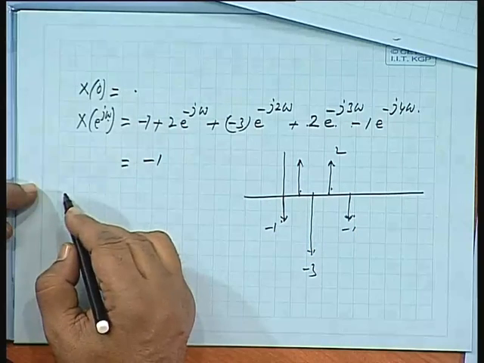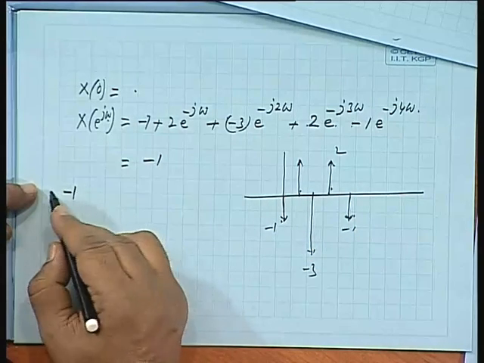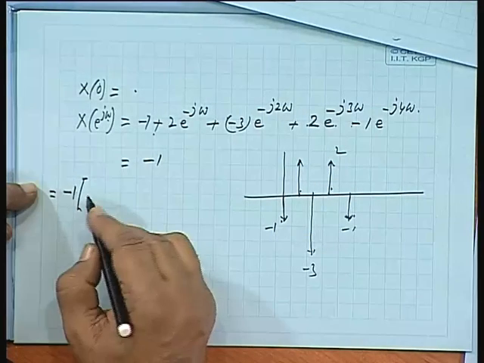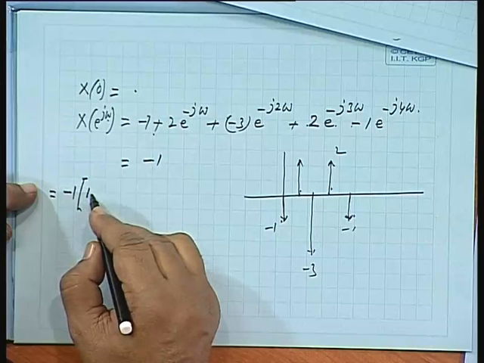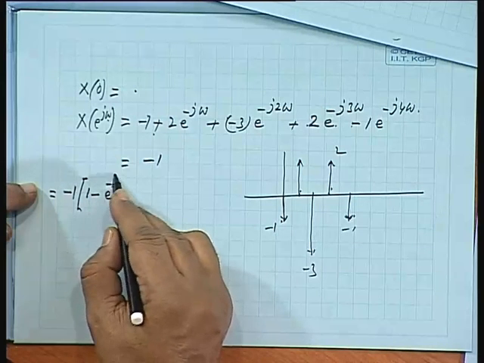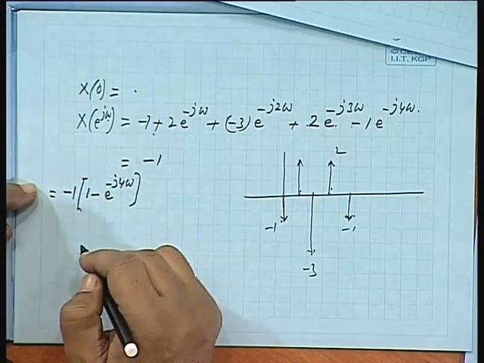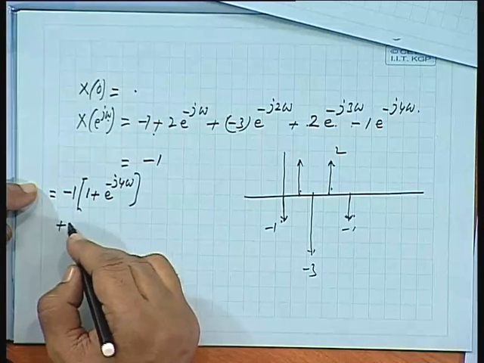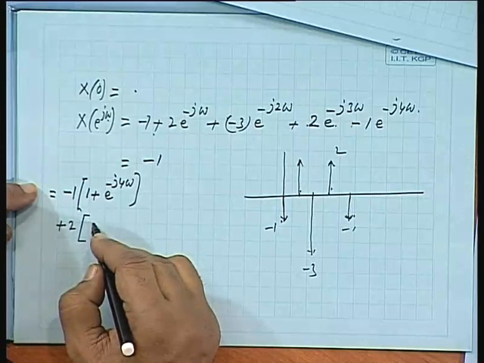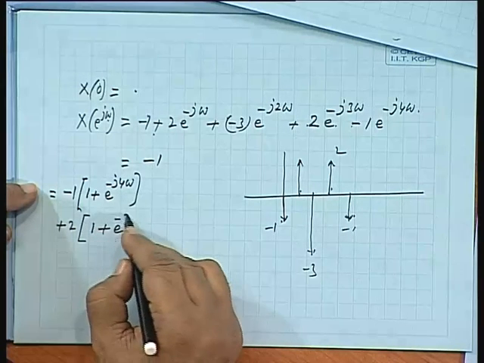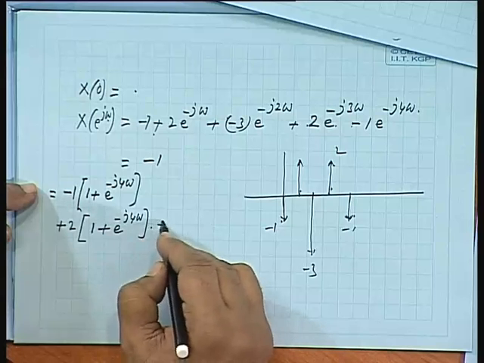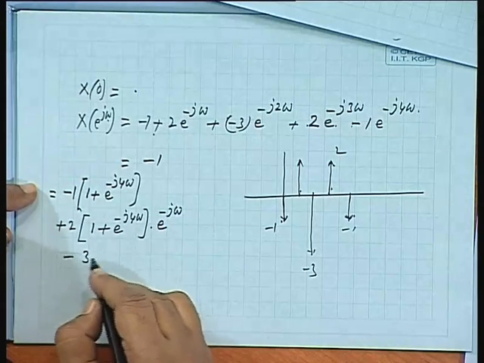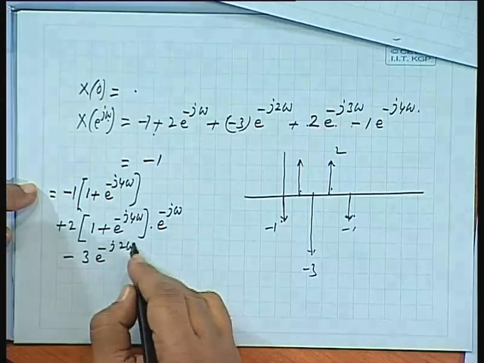This is minus 1 into 1 plus e to the power minus j 4 omega, plus 2 into 1 plus e to the power minus j 2 omega into e to the power minus j omega, and minus 3 into e to the power minus j 2 omega.